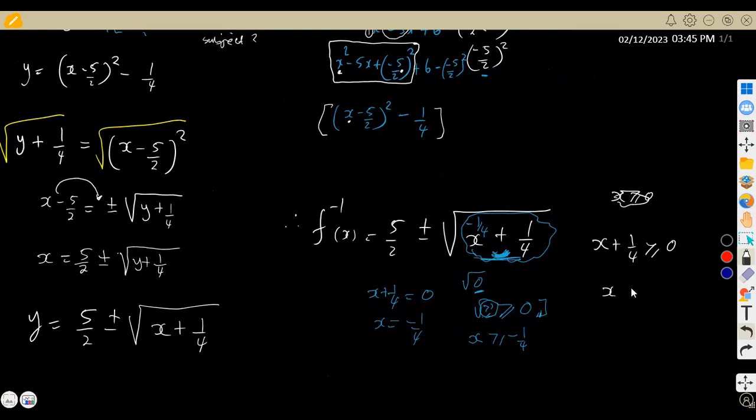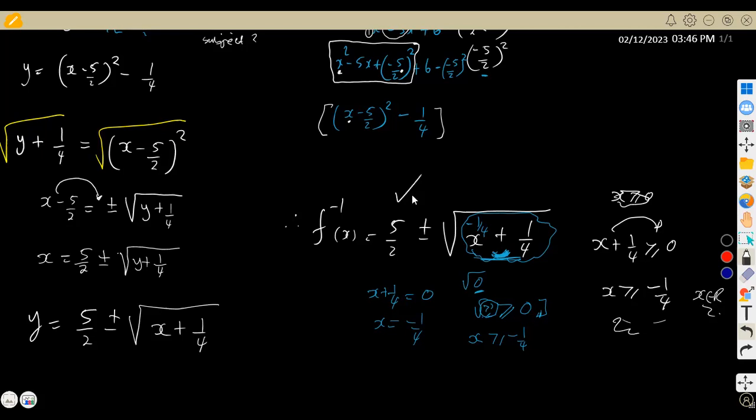So x is greater than or equal to, transposing to this side, negative 1 over 4. That's our domain, where x is every element of the real numbers. So this becomes the domain, and that's your inverse.